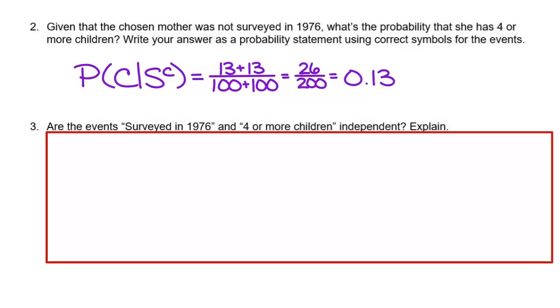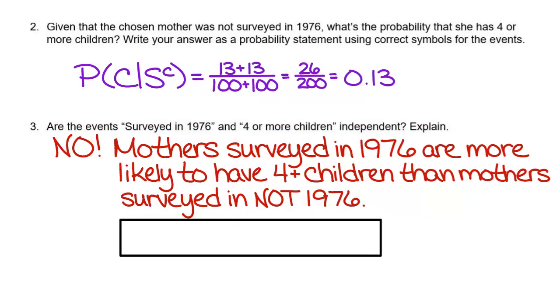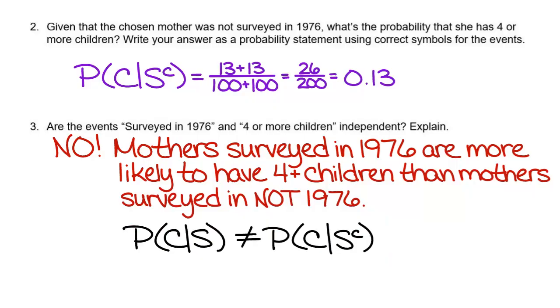Are the events surveyed in 1976 and 4 or more children independent? No. Mothers surveyed in 1976 are more likely to have 4 or more children than mothers surveyed not in 1976. The probability of C given S is not the same as the probability of C given S complement.